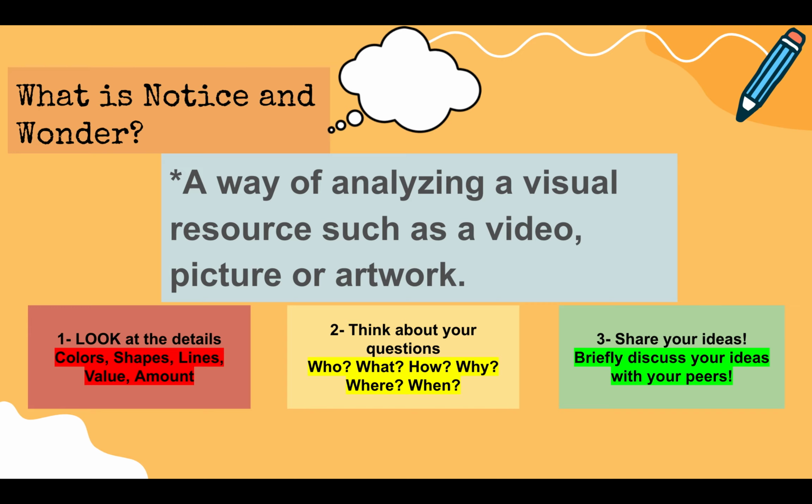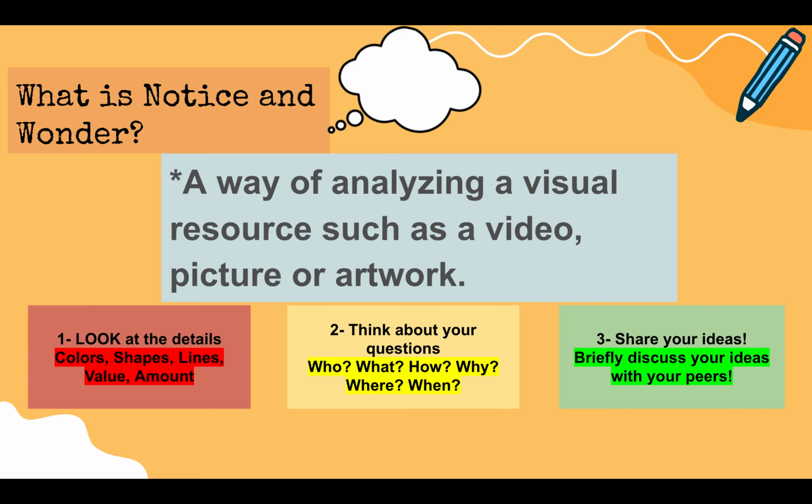So to break down the notice and wonder strategy a little more, when we're looking at the details, which is our first step, we want to look at the colors, the shapes, the lines, value, the amount of something in an image or video. We want to take a look at text, if there's text in the image.